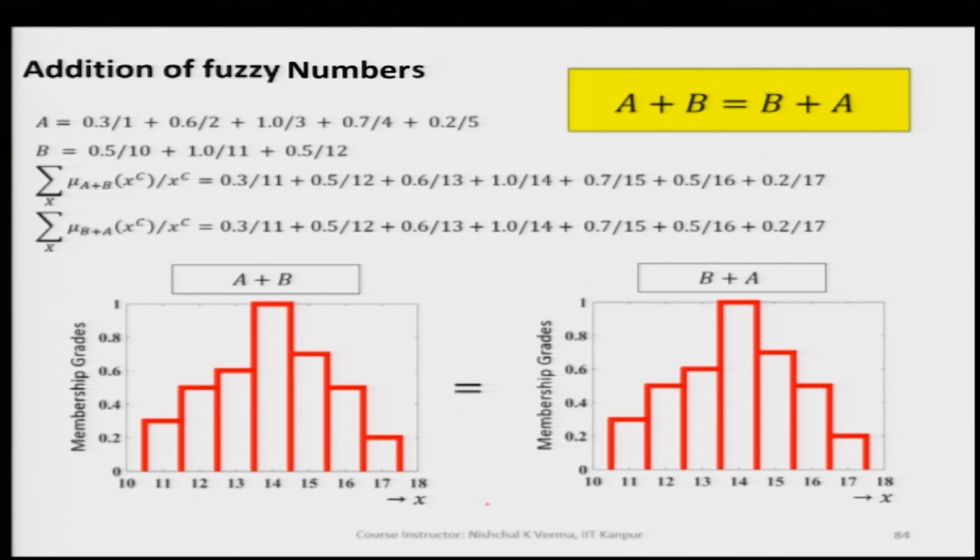So, this way we have come to know how we can add two fuzzy numbers, and any two fuzzy numbers can be added this way.